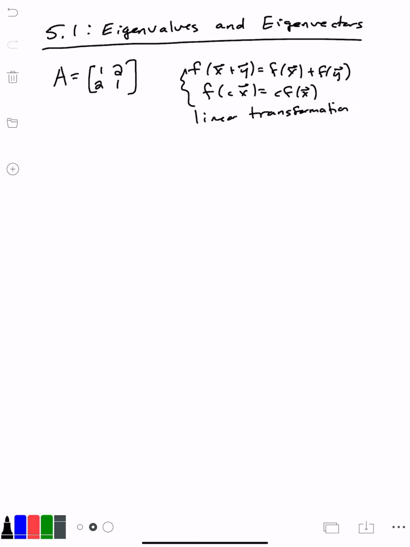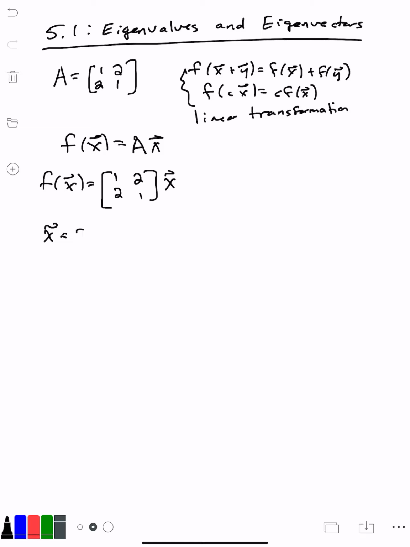And we mainly talked about the example where, to find the output, you're just multiplying by a matrix. And that's the example we want to use right here. So what I want us to think about is, if my function is multiplication by this matrix [1, 2; 2, 1], then let's look at certain different input-output combinations. Let's suppose my x vector is in the x direction.